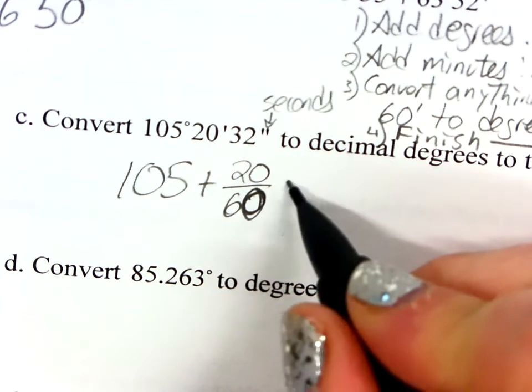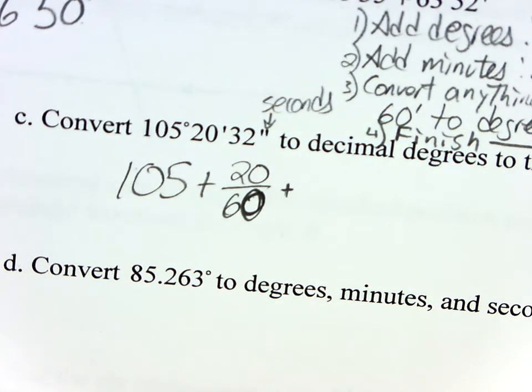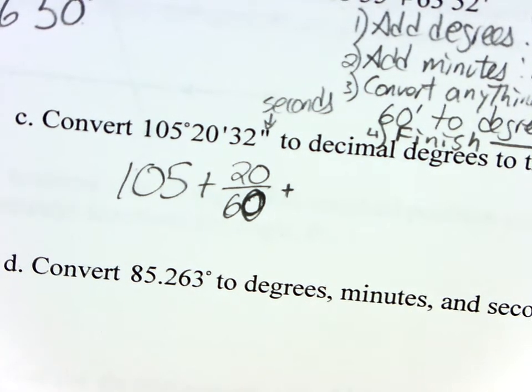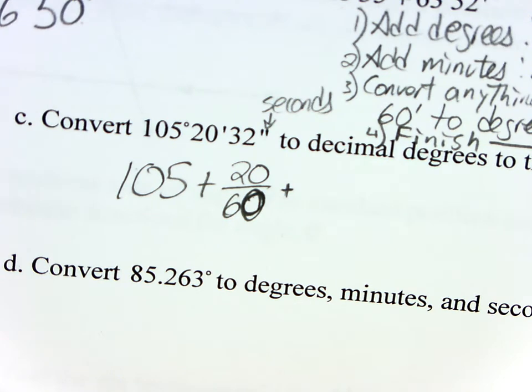Now, the seconds are a little bit weirder. One second is 1/60th of a minute. So, what fraction of a degree is a second? Basically, I want to know what's 1/60th of 1/60th. 3,600.